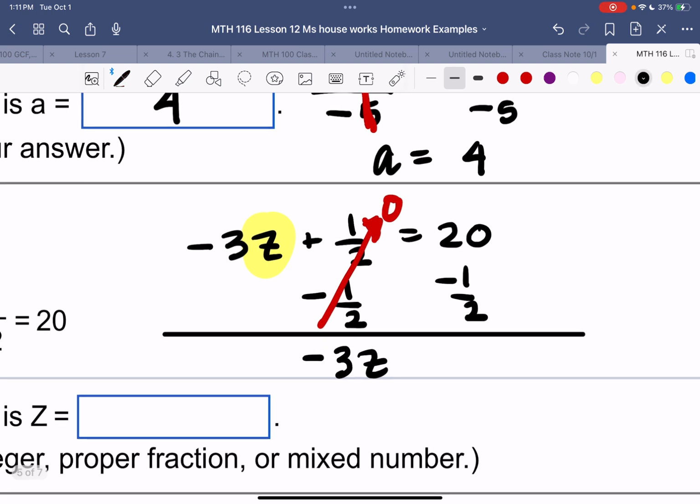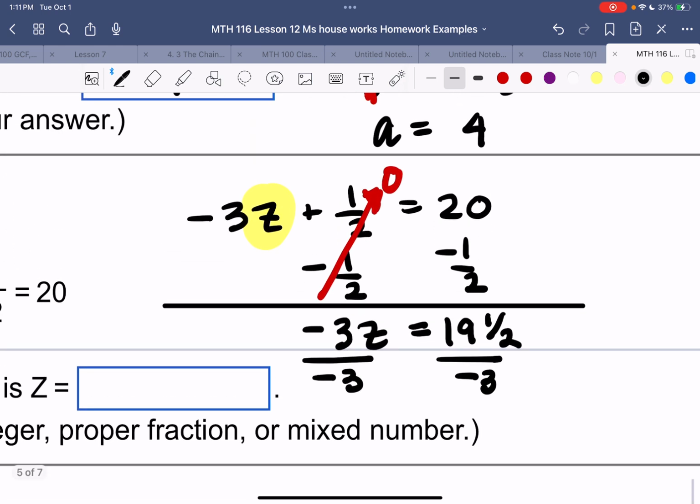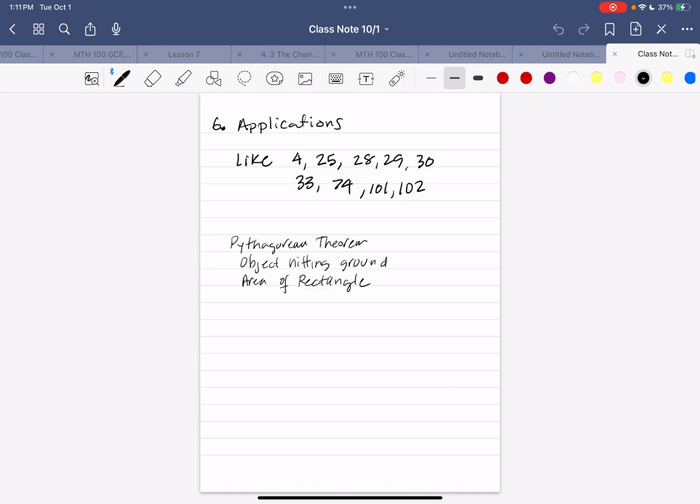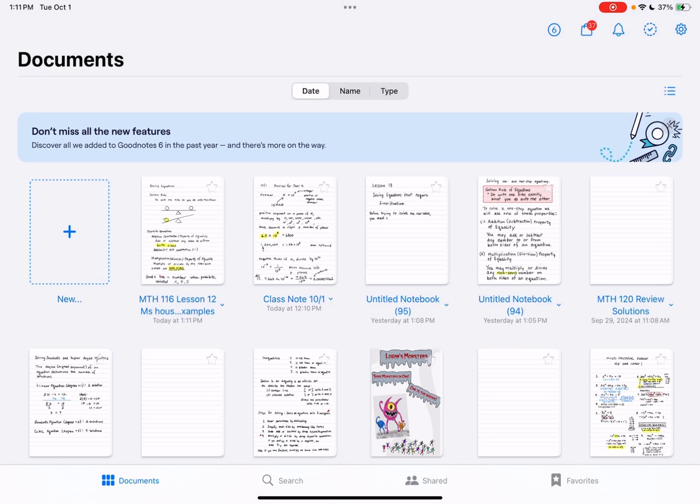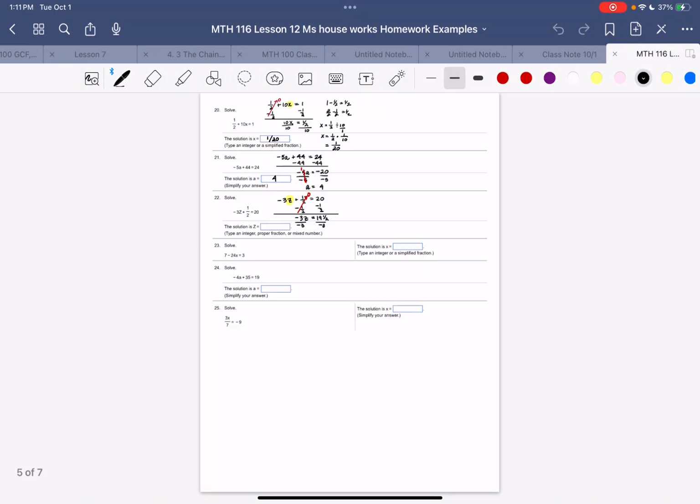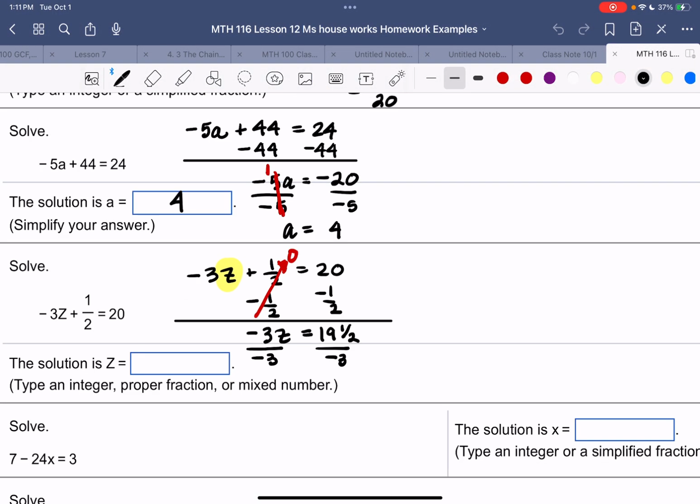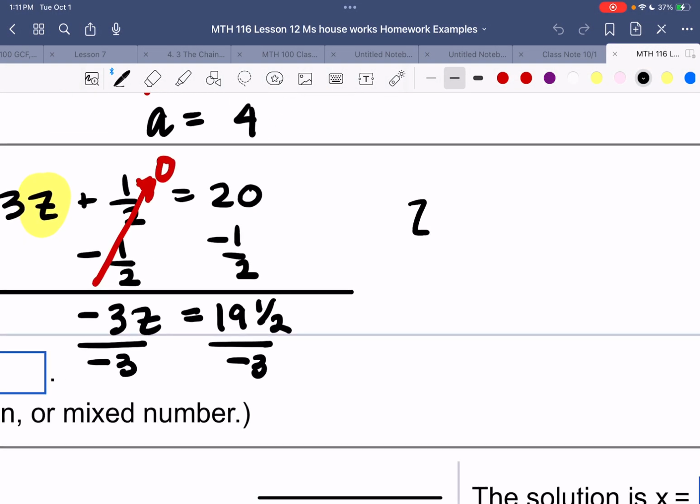Now, 20 minus a half is 19.5. I mean, just think about that. You got 20 and you lose a half, you're at 19.5. So I've got to divide this by negative 3. So z is going to be 19.5 divided by negative 3.